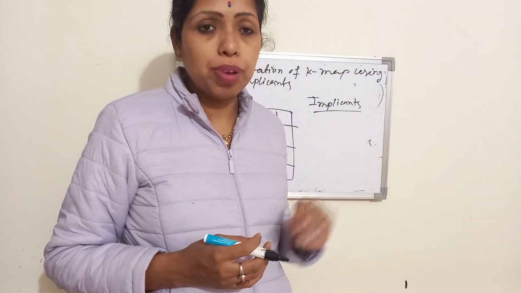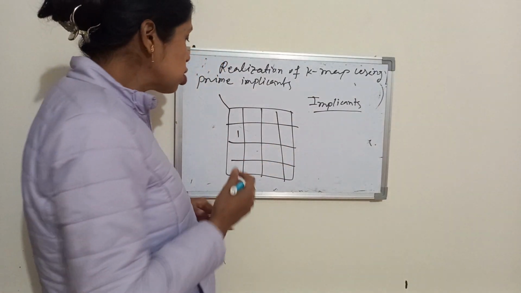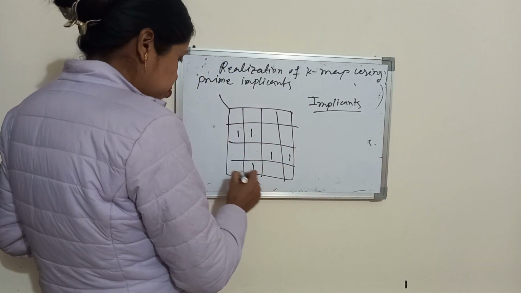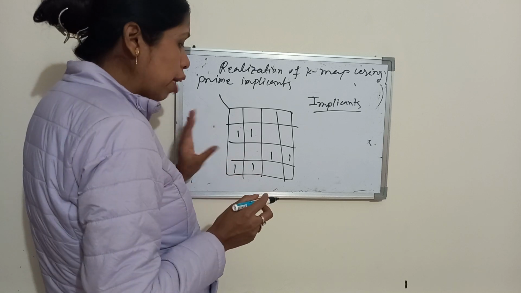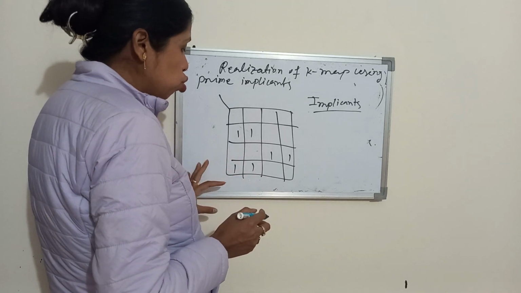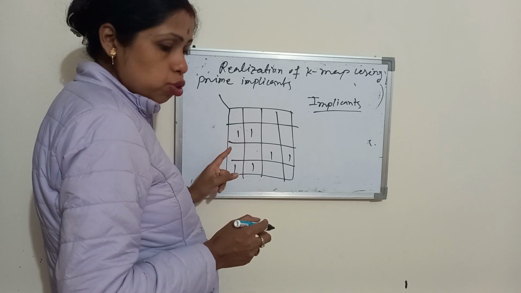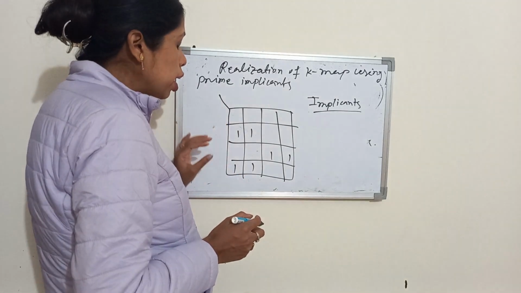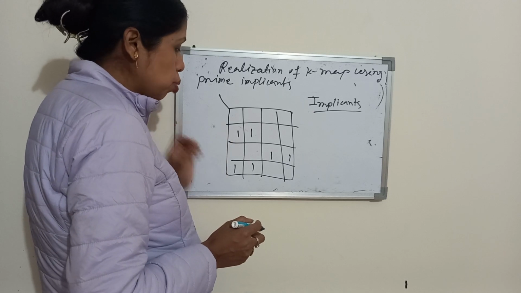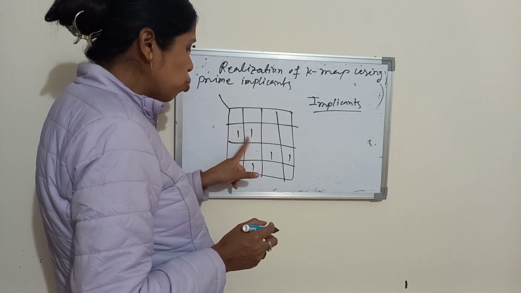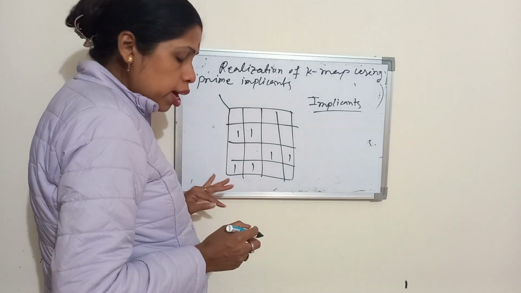So what is an implicant? Suppose in the K-map you have one function, and according to that function you put a logical one in those cells. We are using a four variable K-map. From the function you understand where to put a logical one in the cells.